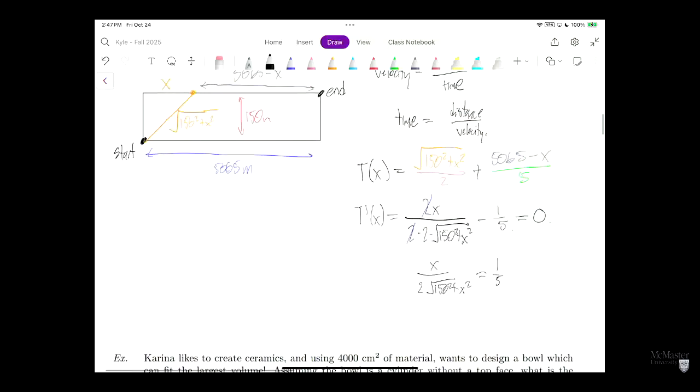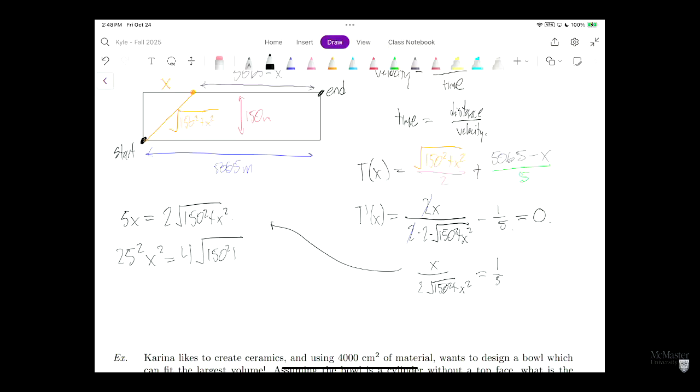So if we cross-multiply, that'll give us 5x is equal to 2 root of 150 squared plus x squared. In that case, we can square both sides. 25 x squared is equal to 4 times 150 squared plus x squared.